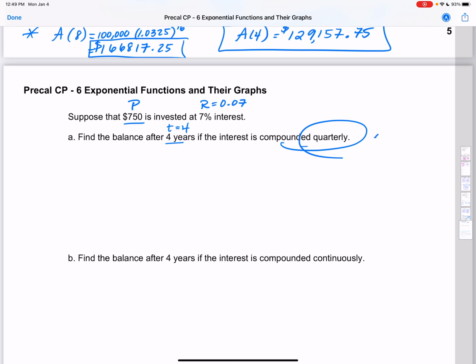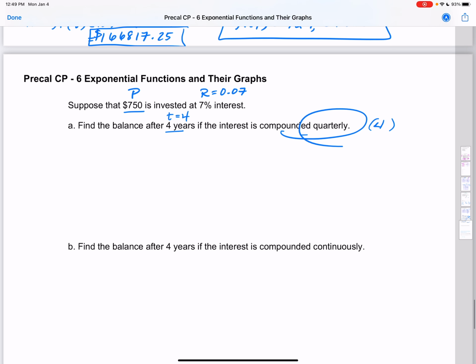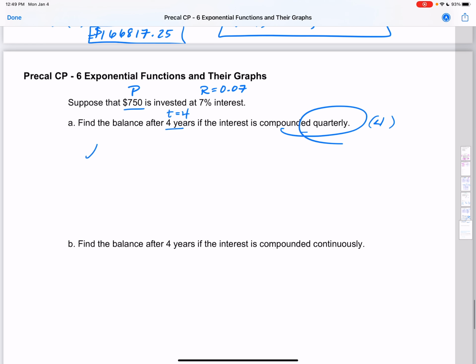So again, quarterly is 4 times a year. So what would our answer be for this one? I'm going to let you set it up. The amount is going to be your principal times 1 plus R over N to the NT, and plug those numbers in and find your amount.